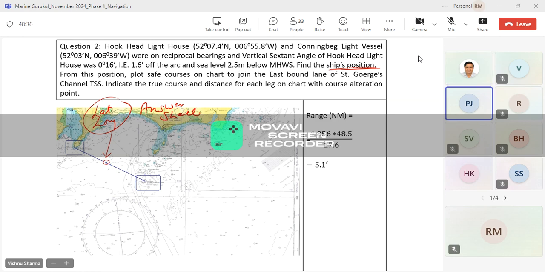Then the circle can cut the position line in two places, right, sir? There will be two fixes. One case is if it is cutting only at one point on this segment, because this line, the position line by reciprocal bearing, cannot be extended any further. Secondly, a position circle can cut at two points, which you are absolutely right.